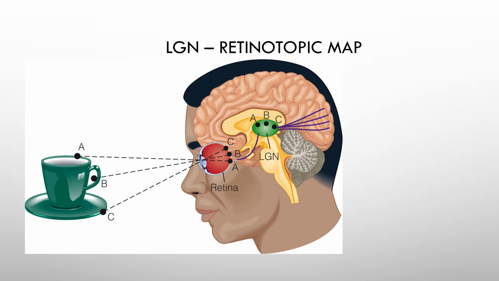We're keeping that spatial information about the visual space. So A is close to B, B is close to C, and A is farther from C. That's what's happening at the retina, and we're going to see this same kind of mapping or organization in the lateral geniculate nucleus.